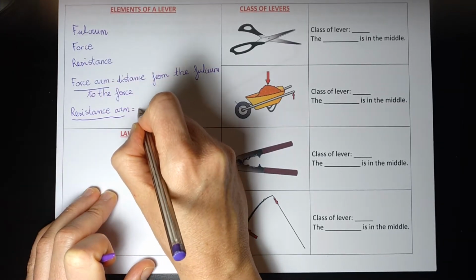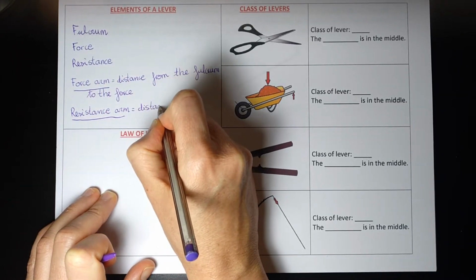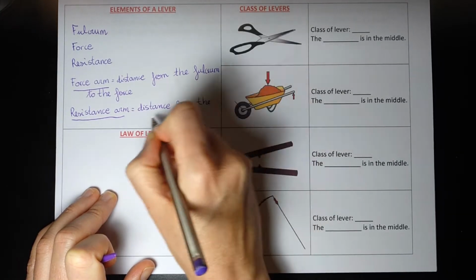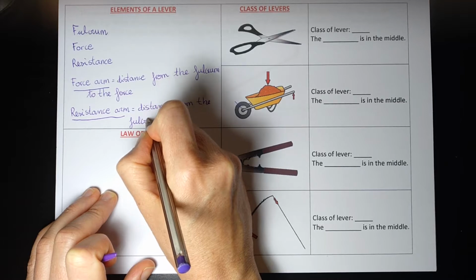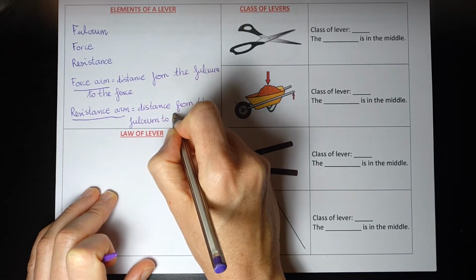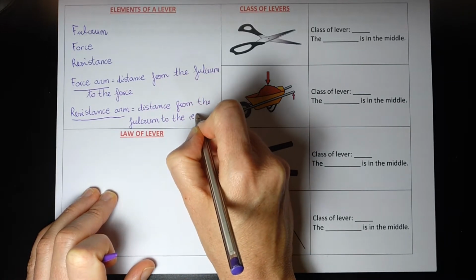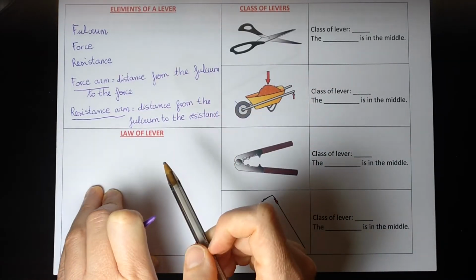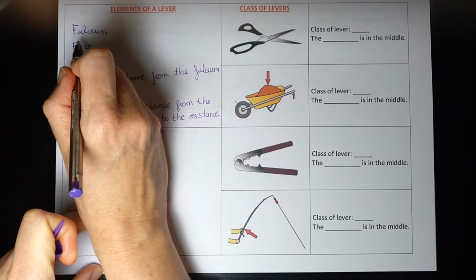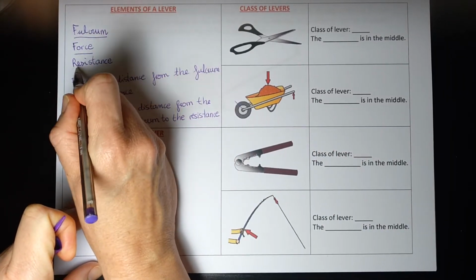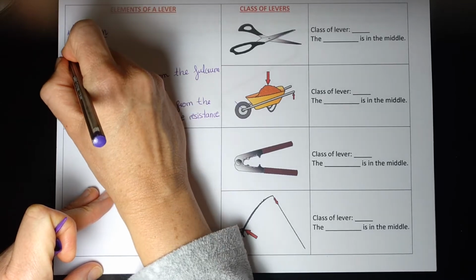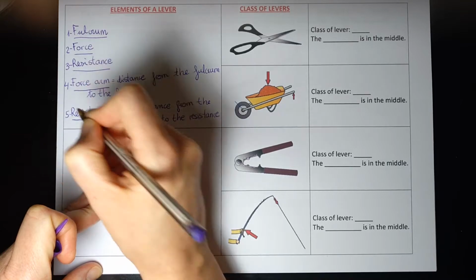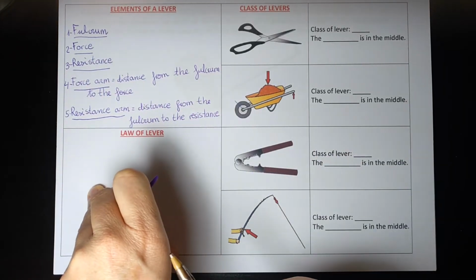That is the distance from the fulcrum to the resistance. So to summarize it, we have 5 elements: the fulcrum, the force, the resistance, so 1, 2, 3, the force arm and the resistance arm. Those are the elements of a lever.